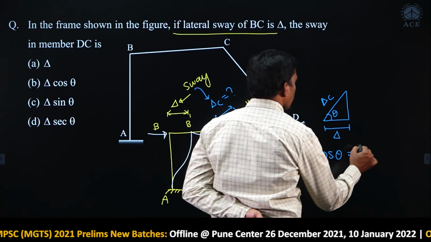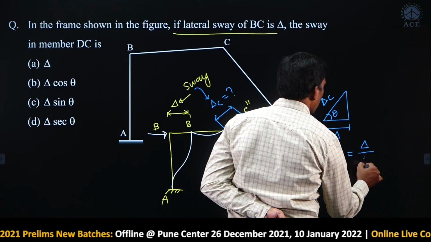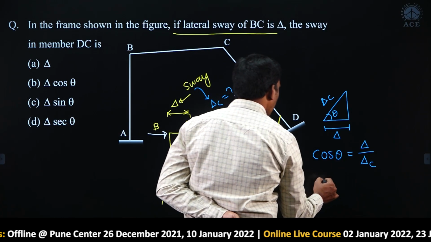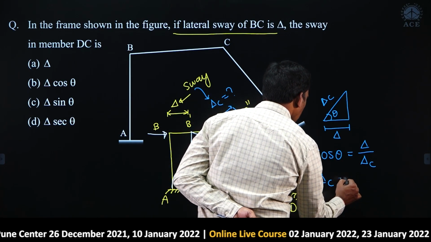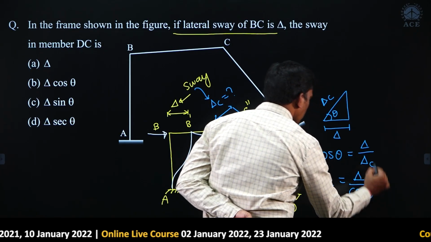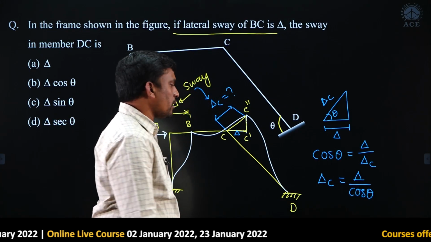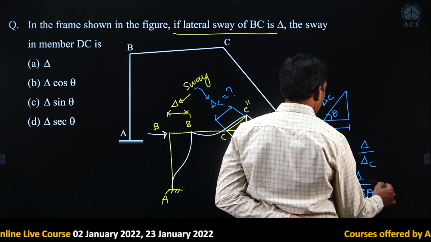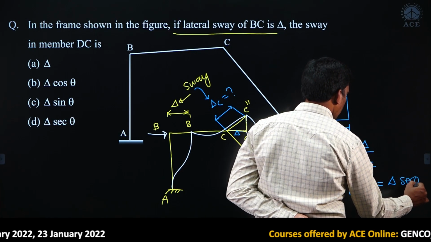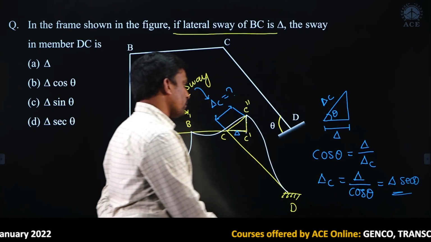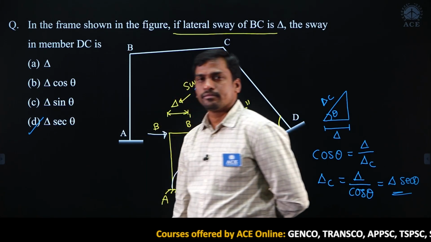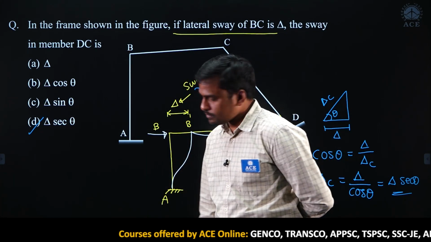Cos theta equals delta by delta C. Then here delta C equals delta by cos theta. Then what is the value here? Then option D is correct. Please note down.